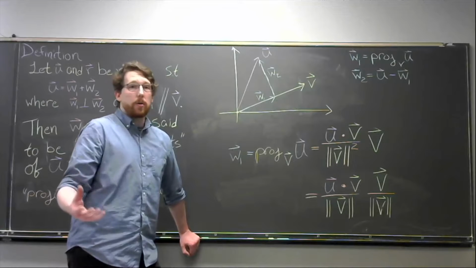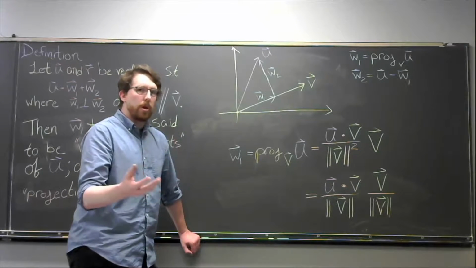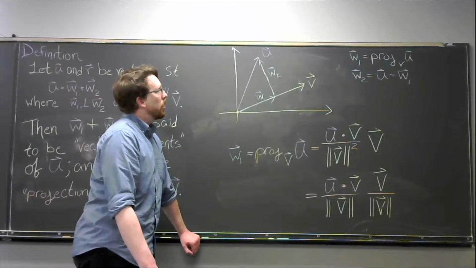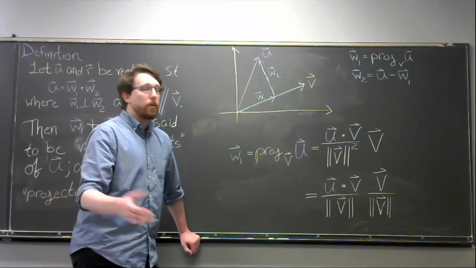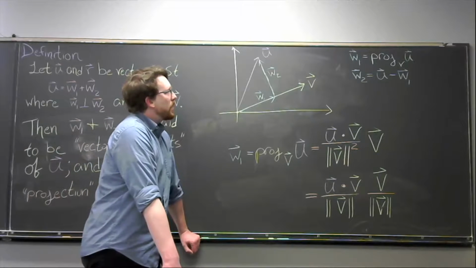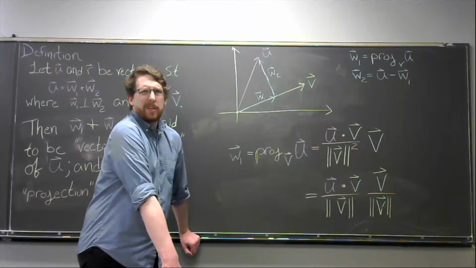So what are we going to do? Well, we know that u is equal to W1 plus W2. After all, W1 and W2 are the vector components of u. Well, if that's the case, then W2's just got to be whatever's missing from W1.